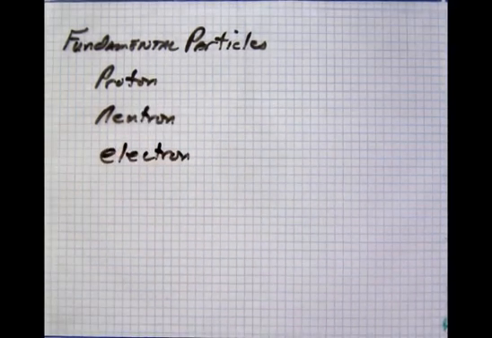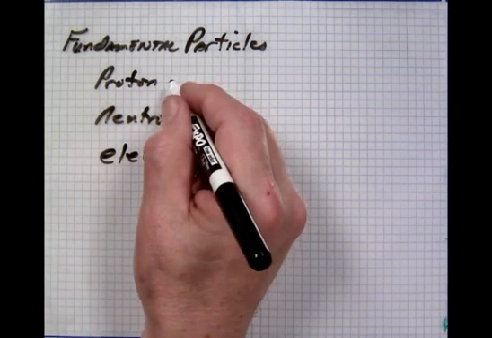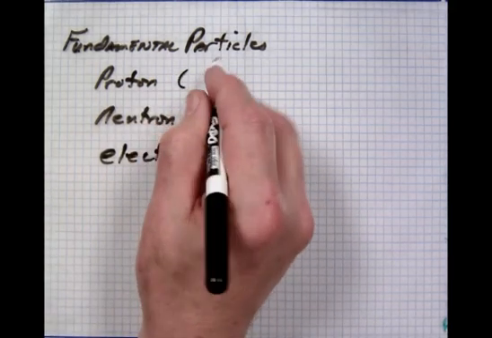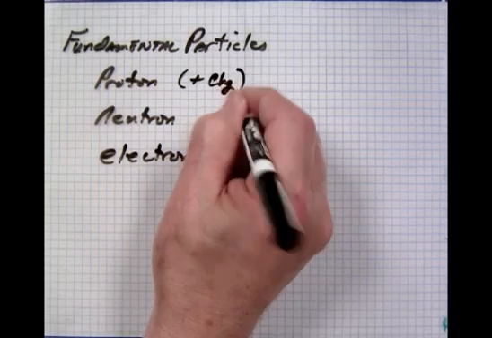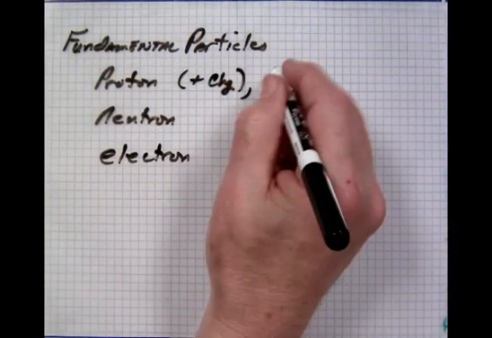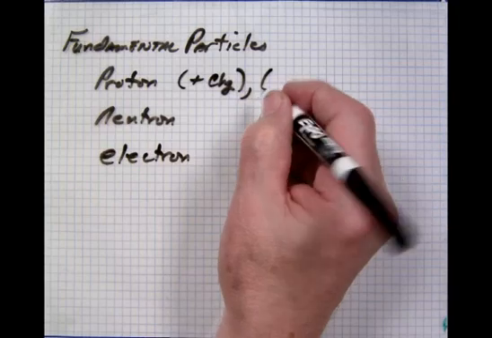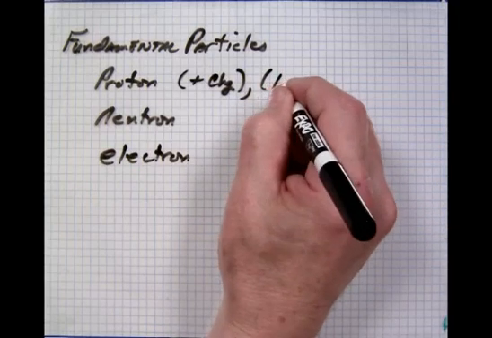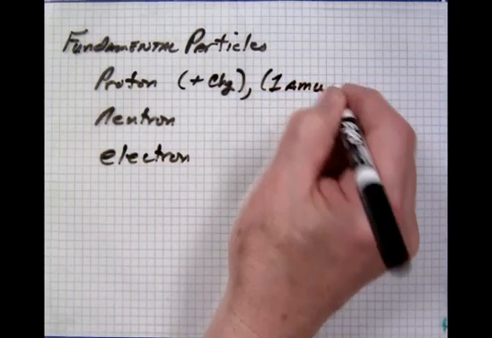Now, I'm not going to get into a great deal of analytical issues here, numerical relationships, but you want to remember a few items. One, the proton has a positive charge. That's absolutely critical. It has a relative mass of 1 atomic mass unit. We'll get to that in due time. 1 AMU.